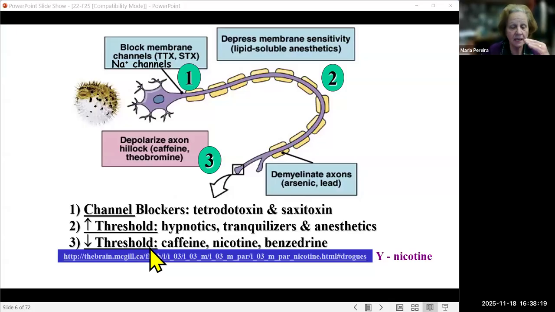What does that mean? That means that the voltage gated sodium channels will be easier to open. So instead of the membrane potential being minus 70, it might go to minus 60, so you increase the ability of the sodium channels to open.